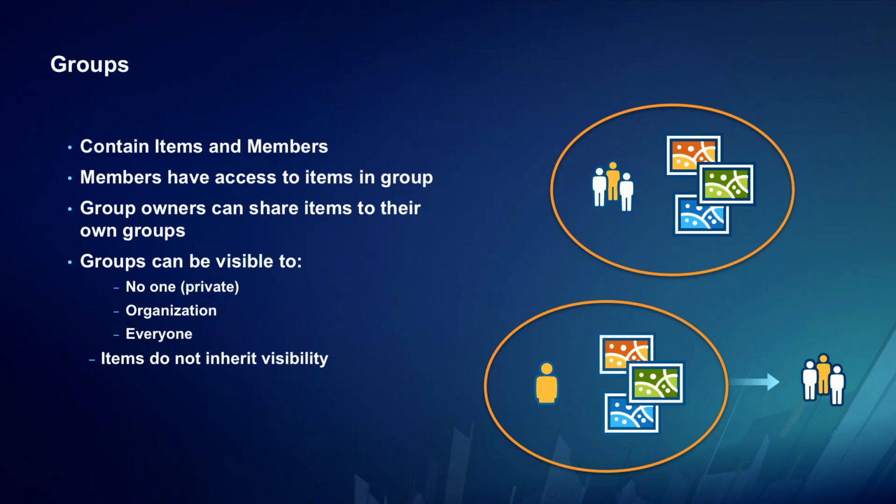So the control of who sees the item is still at the owner level. So you could have a group that is public, and when an anonymous user goes to that group, they would see it empty if nothing inside of it was actually shared to the public by the owners who put items in that group.